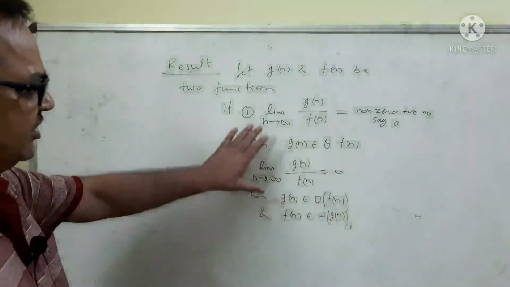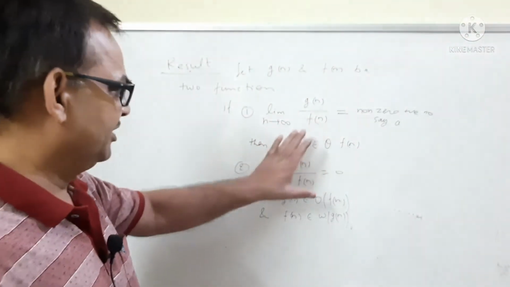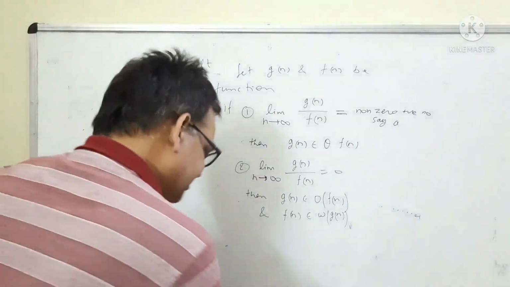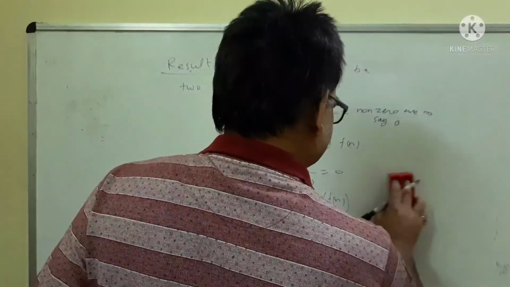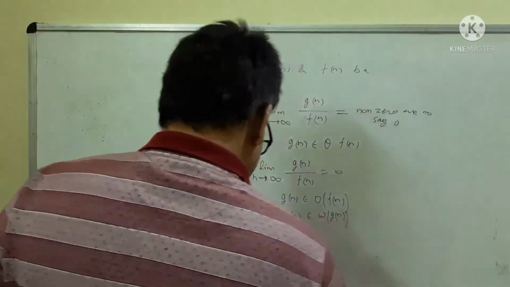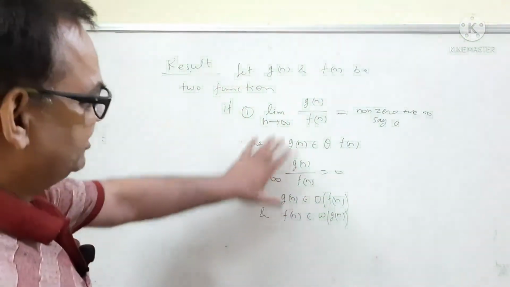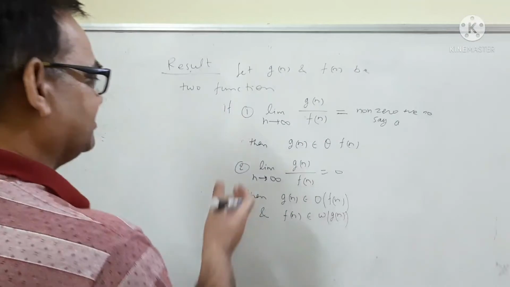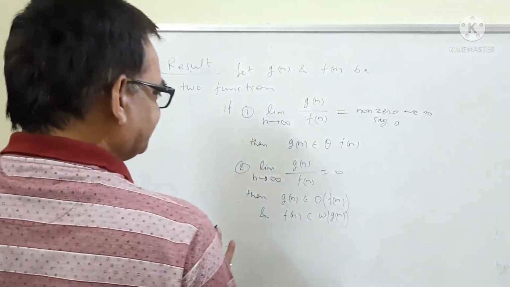These results are very obvious from the definition of limit, which I am leaving here because this is the case of real analysis. So I am leaving the proof of these results, but these results are very true.